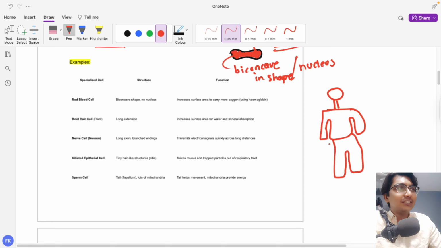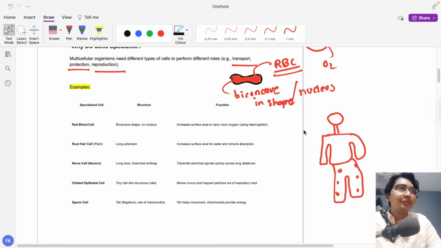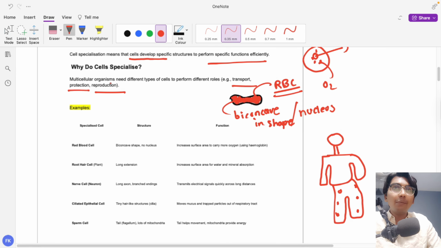So as you can see, the organism is very large, right? So every part has to be specialized and it has one specific function. A multicellular organism needs different types of cells to perform different roles. So these large organisms require transportation, protection, and also reproduction, right?